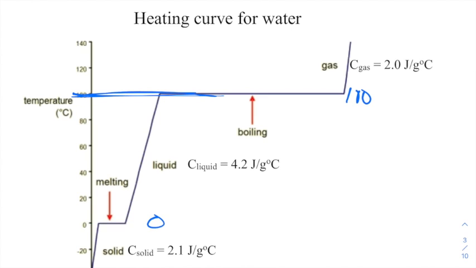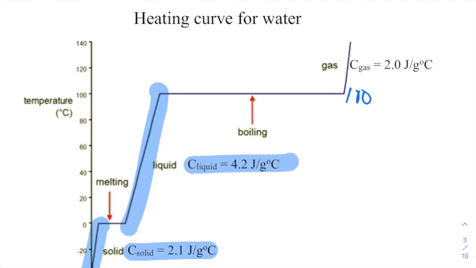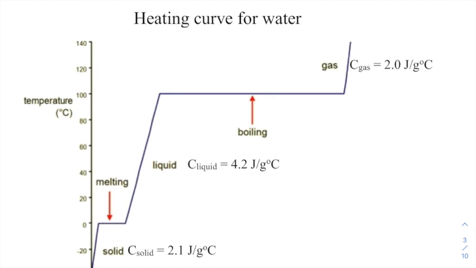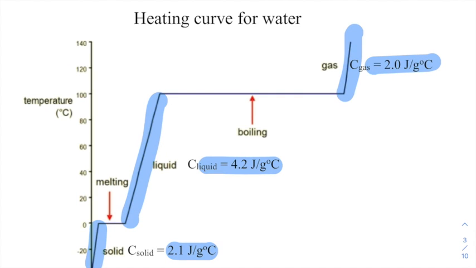You have to do it as three different sections, because our first section has that specific heat capacity, our second section has that specific heat capacity, and our third segment has that specific heat capacity. So you have to split it up into three different segments and look at just what is happening in each individual segment, and their temperature changes at each individual step.